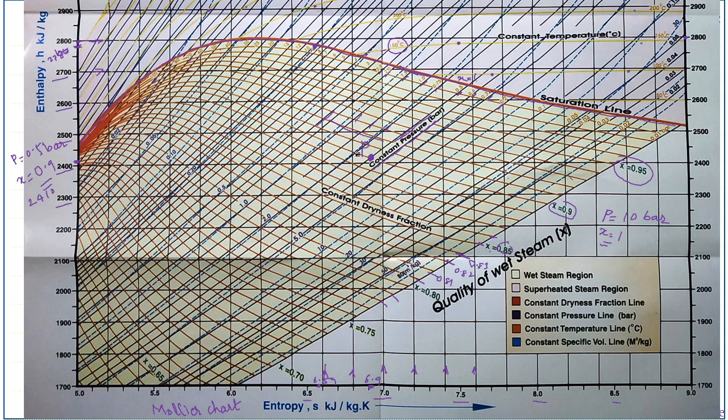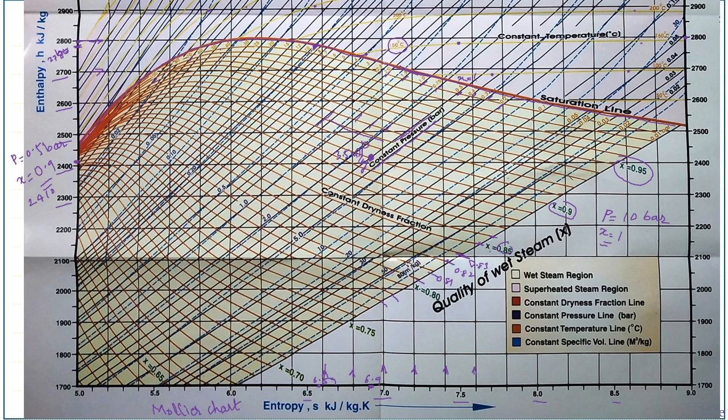So it is in between 2 and 5, which means it will be the average of 2 and 5. 7 divided by 2 means it will be 3.5. So the specific volume at this point P is 3.5 meter cube per kg. Specific volume is also known.